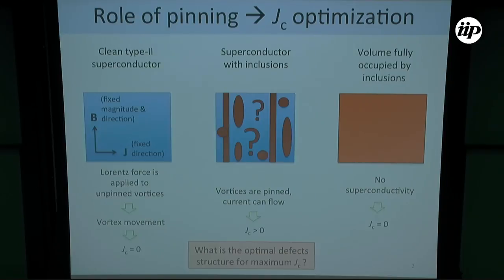So obviously, somewhere in between, we have some pinning landscape which corresponds to the maximal critical current, and our task is to find this landscape. It can contain, for example, columnar defects, spherical defects, elliptical defects, or these question marks, whatever. So basically, our numerical approach is for finding this optimal landscape in this particular problem.